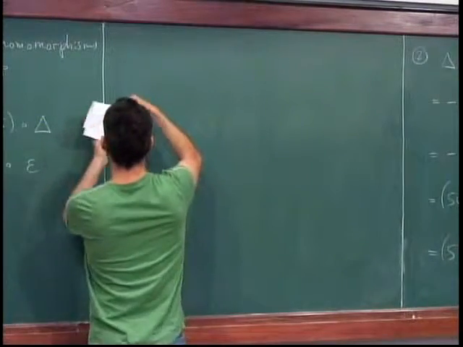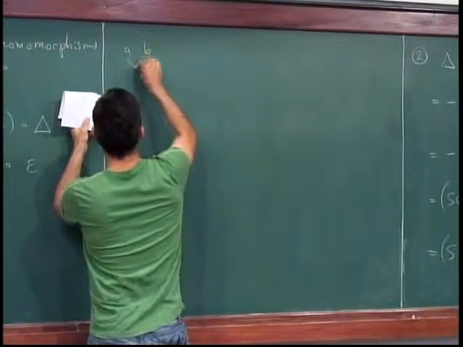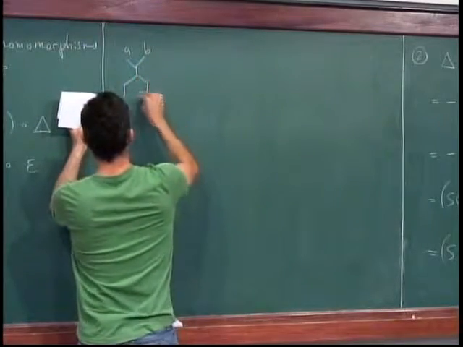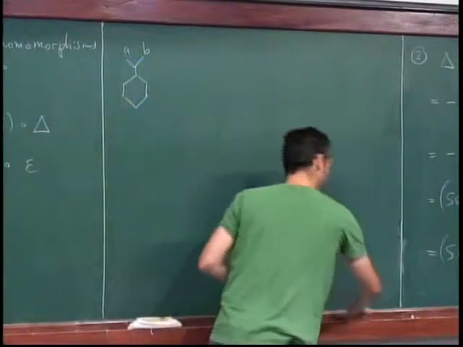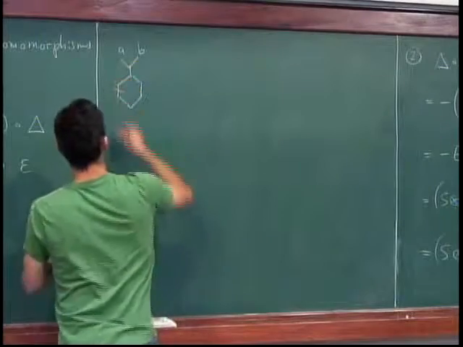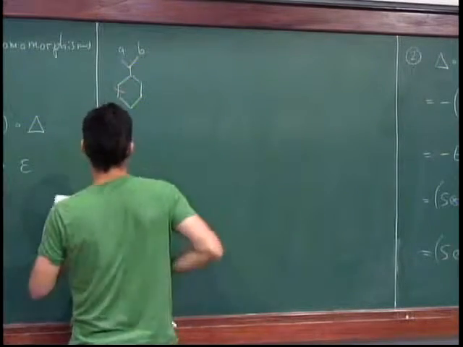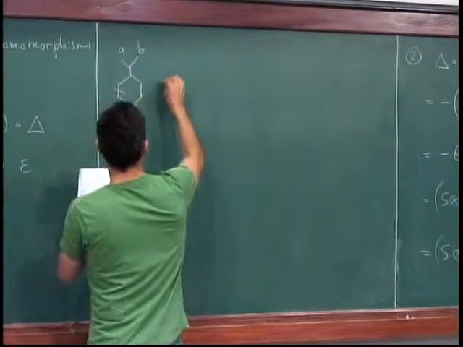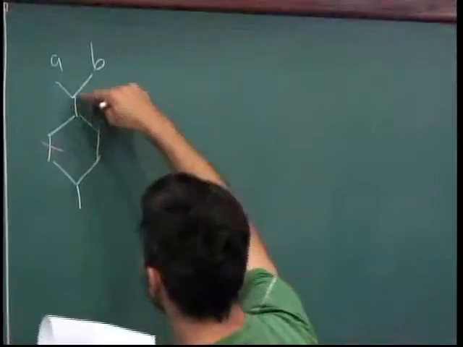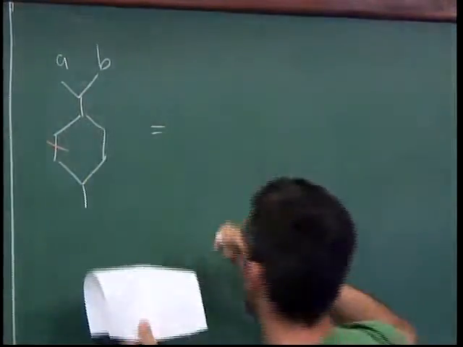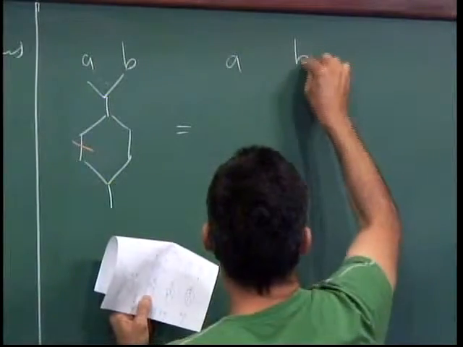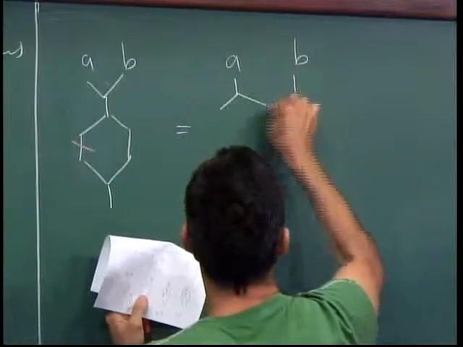Okay, so a, b, here, antipode, that's the same thing. Well, here I have product and then coproduct that can be replaced by doing them in the opposite order.